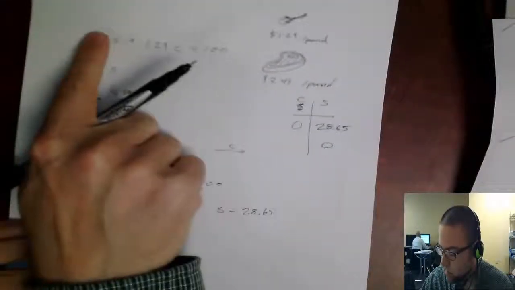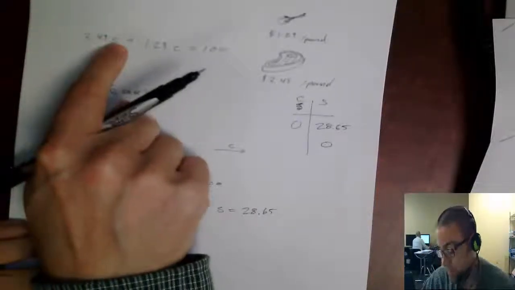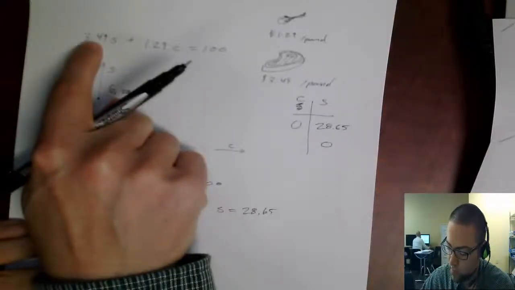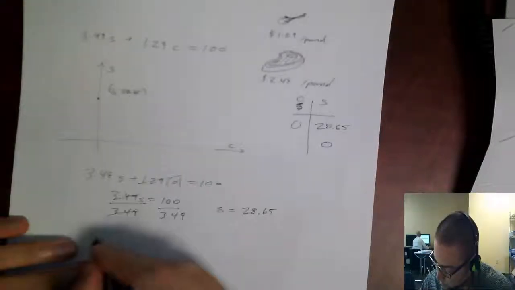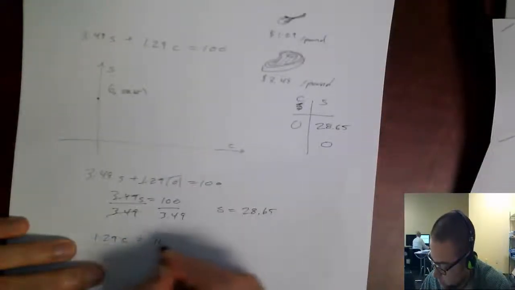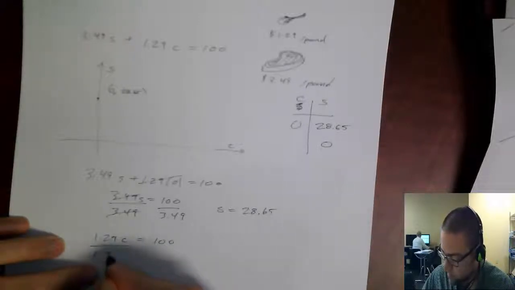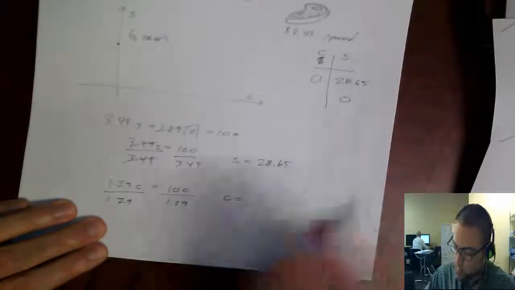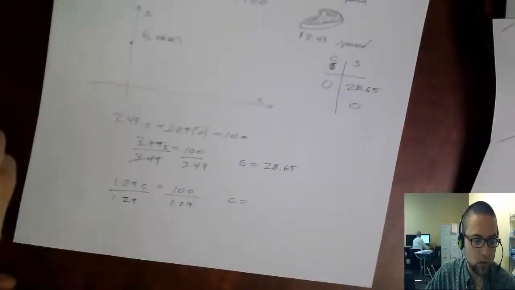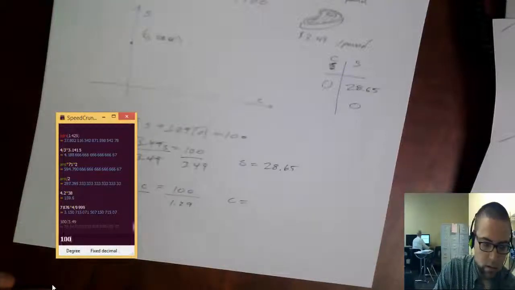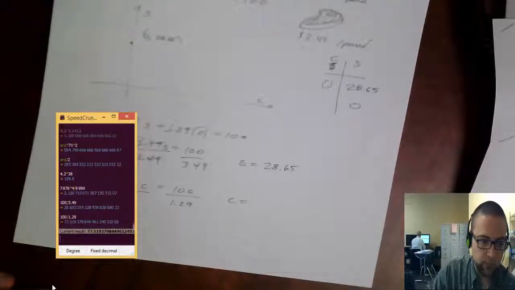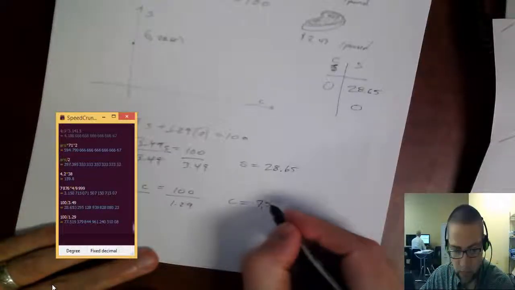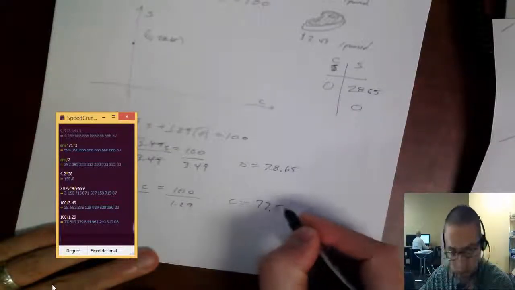So I can write the equation again, and this time S is equal to 0. So this term goes away, because 0 times 3.49 would be 0. So I get 1.29C equals 100. Divide both sides by 1.29. So C would equal 100 divided by 1.29, which is 77.52.